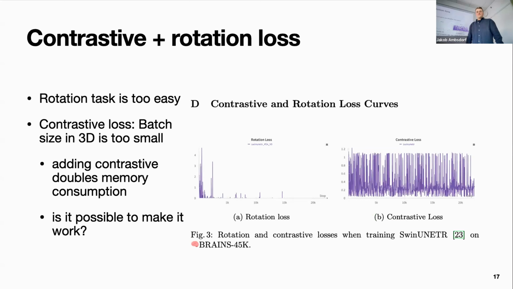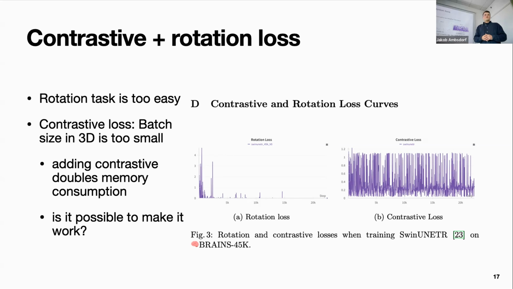We figured out that at least the latter two didn't really work out for us. There was the rotation loss, which was very, very easy to learn. So after just a few epochs, our models basically knew how to rotate things. They knew which way is up, so we don't get any signal out of that task anymore. And then the second one, the contrastive loss, we just couldn't get it to work.